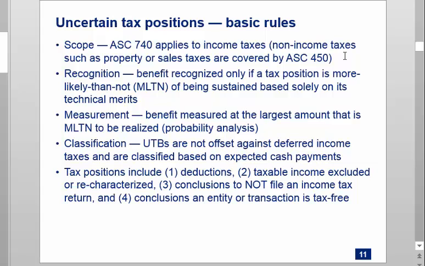So the purpose of FIN 48 was to create specific rules and then create requirements for disclosure and transparency. Okay? And FIN 48 sort of went to the opposite end of the spectrum from the rules before. Whereas before it was really vague and open to interpretation, now it became really regimented.